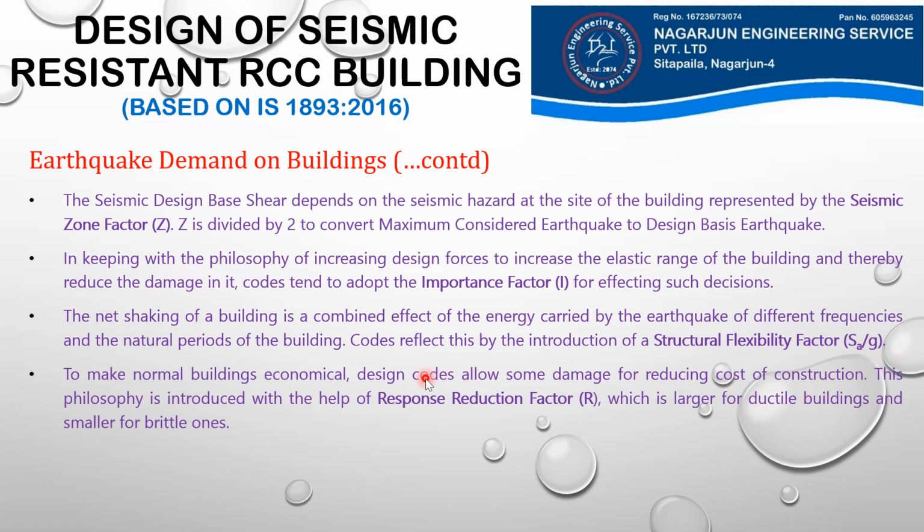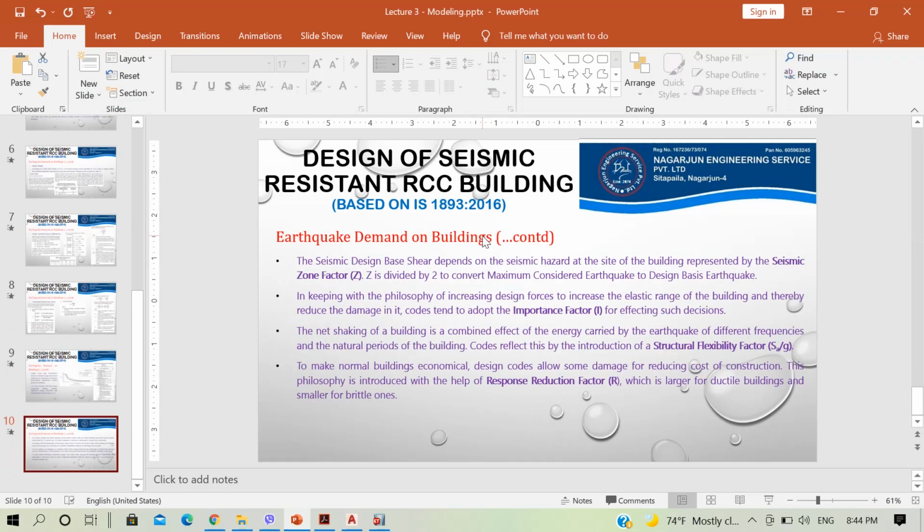This philosophy is introduced with the help of a response reduction factor, which is larger for ductile buildings and smaller for brittle ones. So these are the factors that are used to calculate the design seismic horizontal coefficient, which in turn is used to calculate the design seismic base shear, and that base shear is the earthquake demand on the building. So this is the end of our presentation.